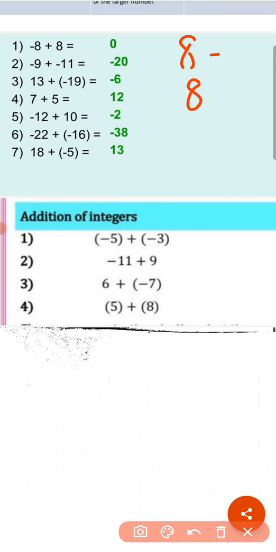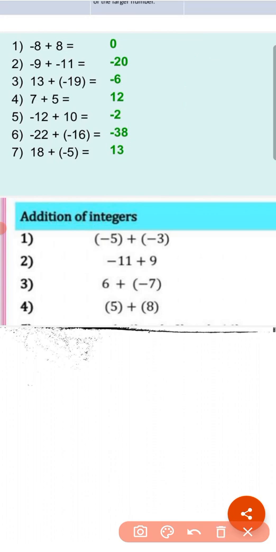What is 8 minus 8? 0. Here both numbers have the same value. Both are 8. Since our answer is 0, it has no sign. So here we are adding two numbers with different sign. So subtract it. That is 0.